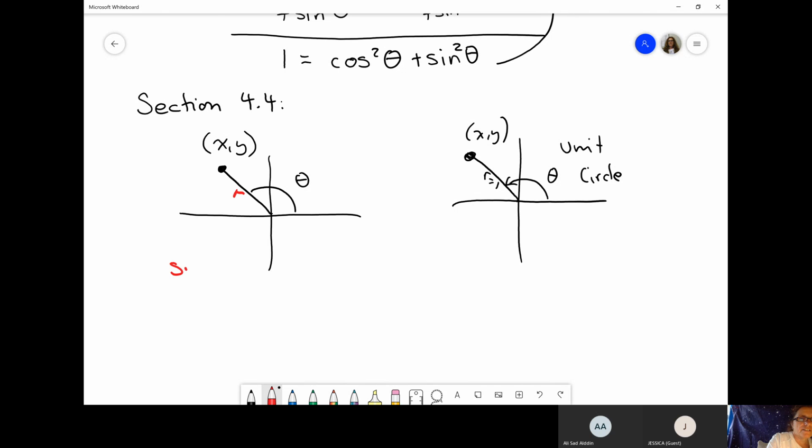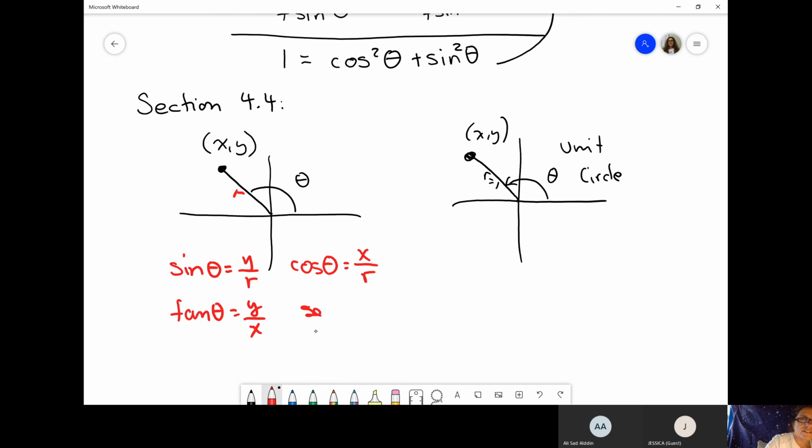So the sine of theta is y divided by r. The cosine of theta is still the x-coordinate of your ordered pair, but this time we're dividing it by r. Tangent of theta is y over x, sine over cosine, and don't you forget it.